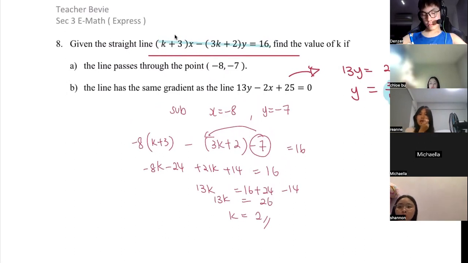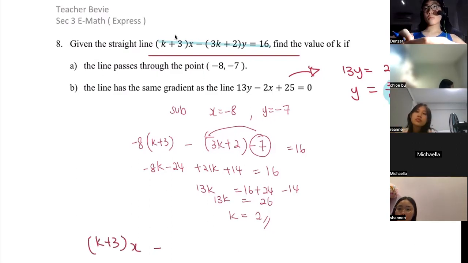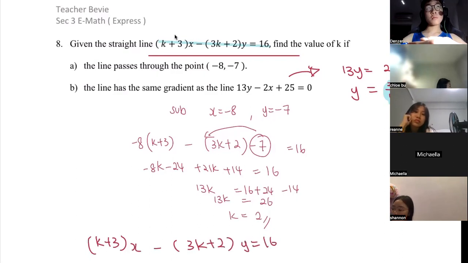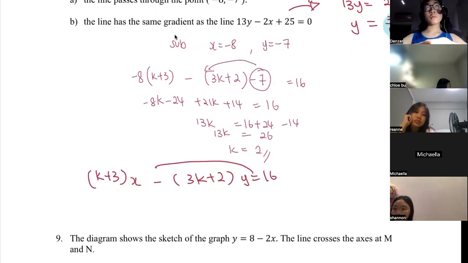So now I want to make it to y equals to mx plus c also for the blue color equation. Don't need to times in, okay? Don't need to times in. How come? K plus 3. Now this question is a bit interesting. Okay, can you see that this is your y already?